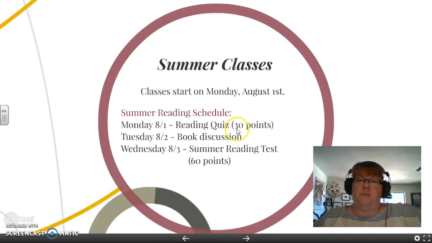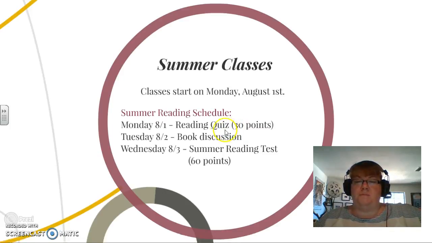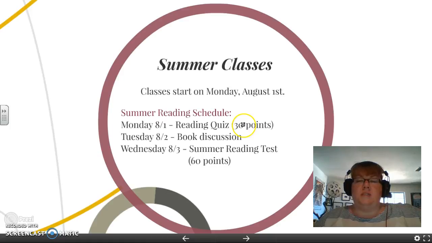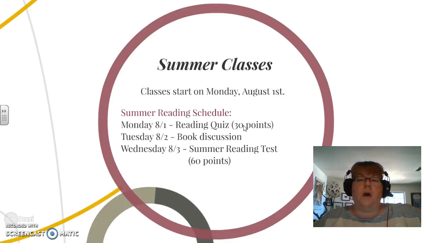Each novel will be 10 points of the overall 30 points, and then we will start into the syllabus and the book discussion. We will not discuss the books before the reading quiz. So it is important that you check your notes, you check to see how you did on the books, whatever you need to do to pass this quiz, because this is your first grade for my class.